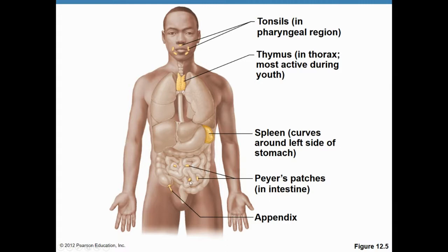We have Peyer's patches, which are little scattered follicles that we find in the wall of the small intestine. And we have the appendix, a little tubular offshoot of the large intestine that also contains follicles that have immune cells and macrophages.